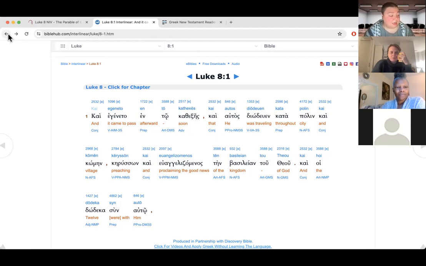We saw that kai can mean and, also, very often, even, and indeed. And as with all translation work, you have to make a decision. And this decision, of course, ought to be heavily influenced, if not entirely determined, by the context. The context here seems to comfortably allow for kai to be translated as and it came to pass.